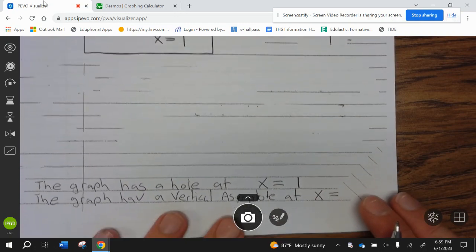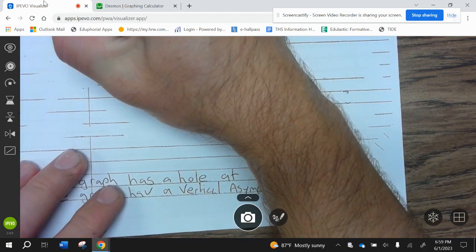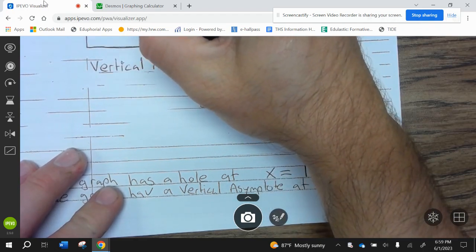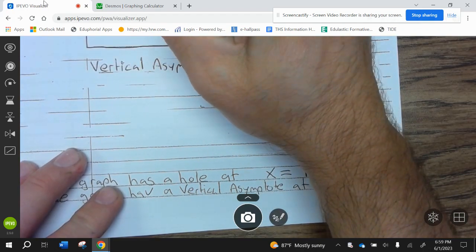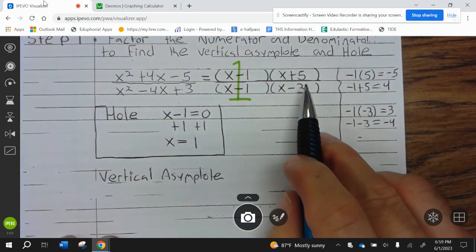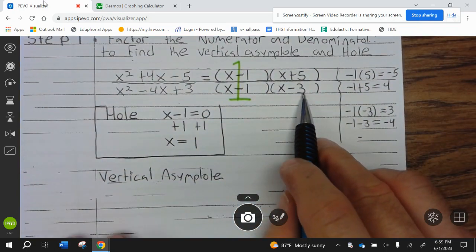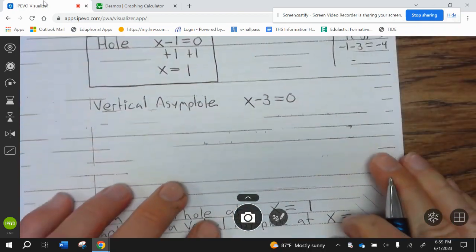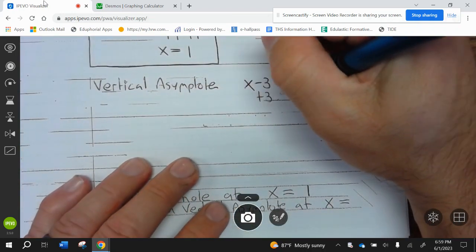Now, for the vertical asymptote, we set the remaining denominator equal to 0. So x minus 3 equals 0. So we add 3 to both sides.